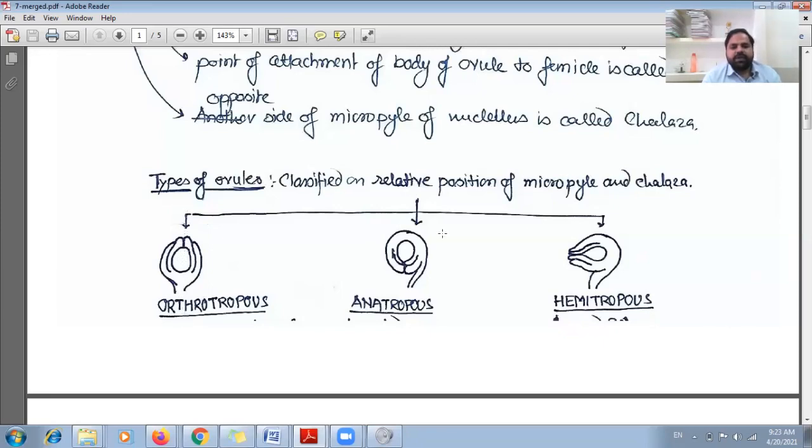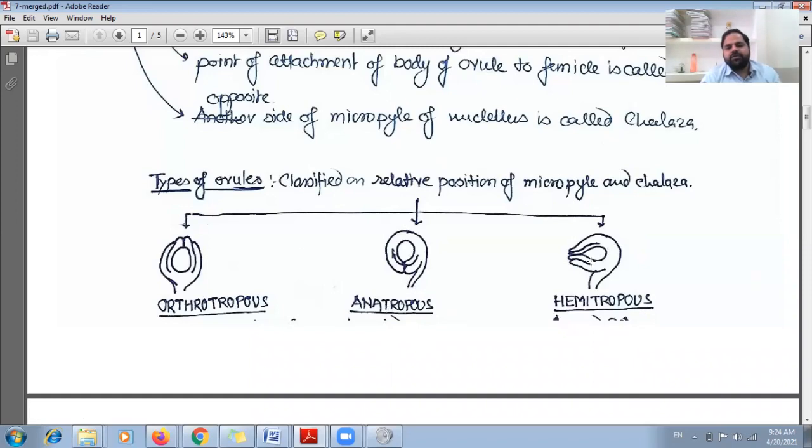straight-line position. But in case of anatropous, what will happen? The chalazal end will be on the upper side and the micropylar end will be on the lower side, and the funicle will be parallel to these structures. So we can see here the anatropous structure will be like this, and the hemitropous structure can be in between these structures, orthotropous and anatropous.